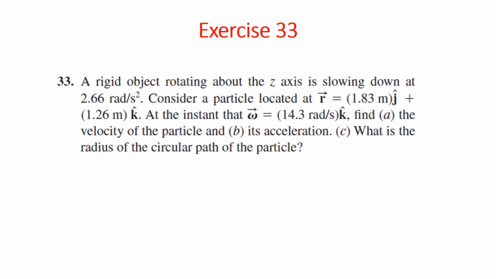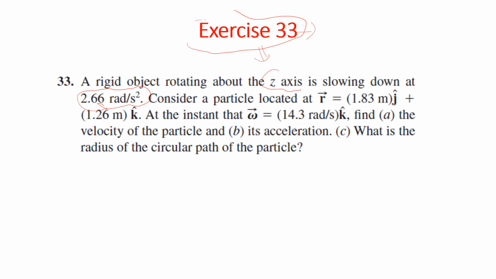Now we are going to discuss the second problem related to this topic. This is exercise number 33 from your textbook, Halliday Resnick. A rigid body rotating about the z-axis is slowing down at an acceleration of 2.66 radians per second squared.